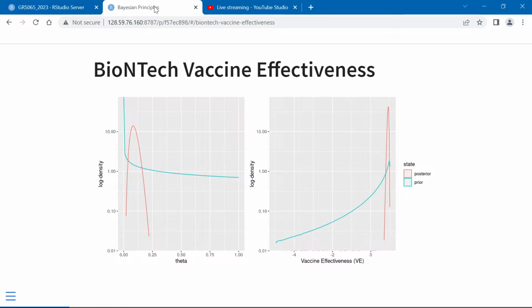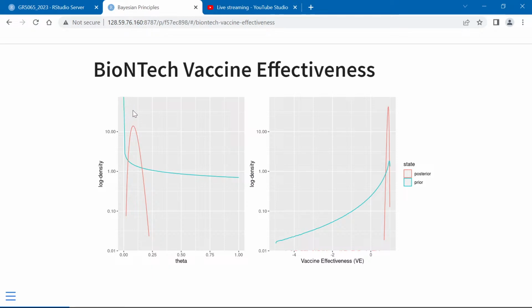So we can see on the left side here, the prior on theta in aqua blue was a beta, but it seems a little weird looking here, not just because the vertical axis is in log density, but because it's so sharply increasing near theta is 0.